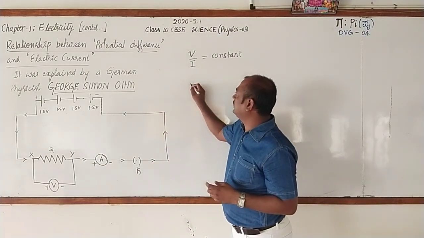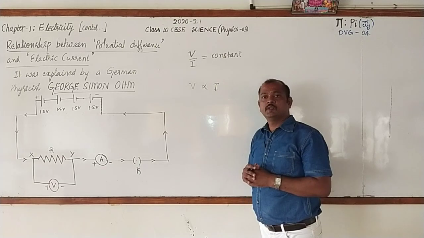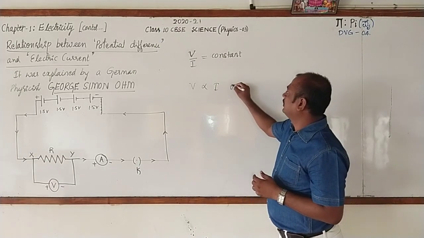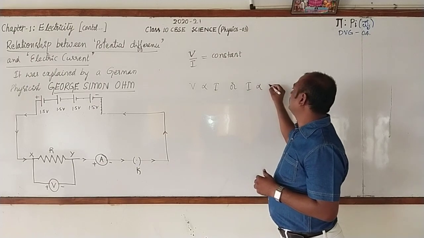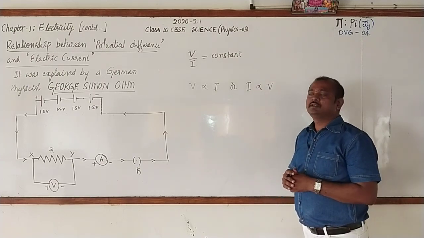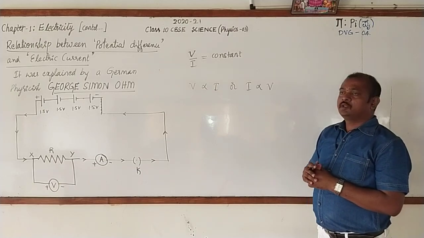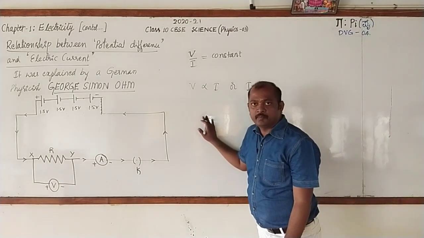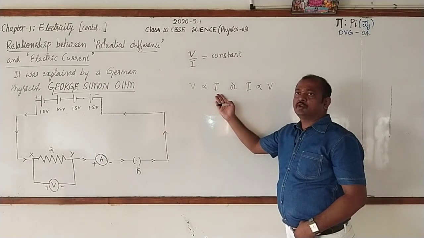Hence, can we write V is directly proportional to I? Certainly. Or as voltage increases, current also increases. Hence, we can write I is directly proportional to V. Clear?